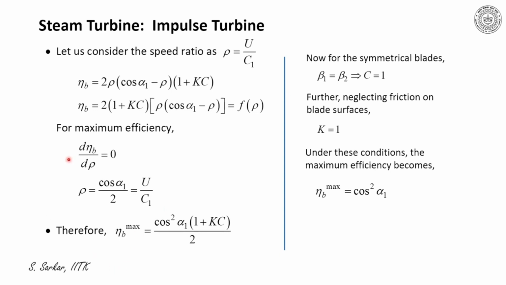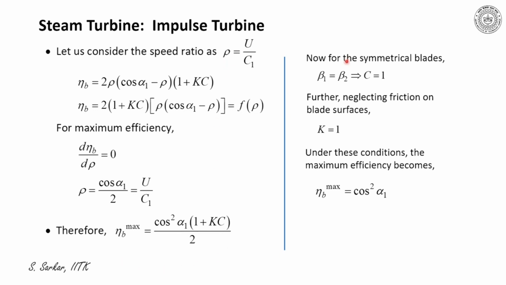Put the value of rho, that is cos alpha 1 by 2, in the expression of eta B, then you will get the maximum value of eta B. Thus, eta B max would be cos square alpha 1 into 1 plus Kc divided by 2. This is the expression for maximum eta B for a simple impulse turbine.